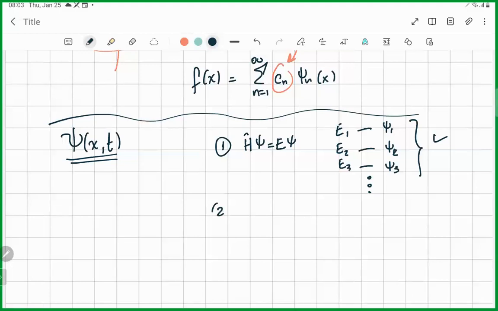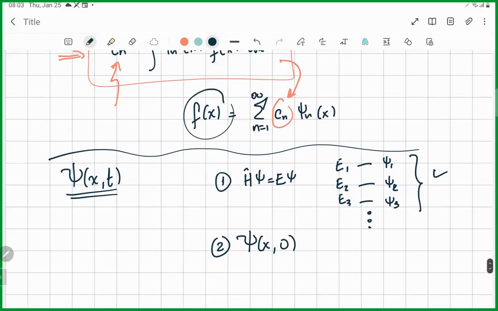The second step, we said, is that we need to have the initial state. What is this initial state? A function of x. We need to have this initial state, and then we'll write this initial state in terms of those solutions.